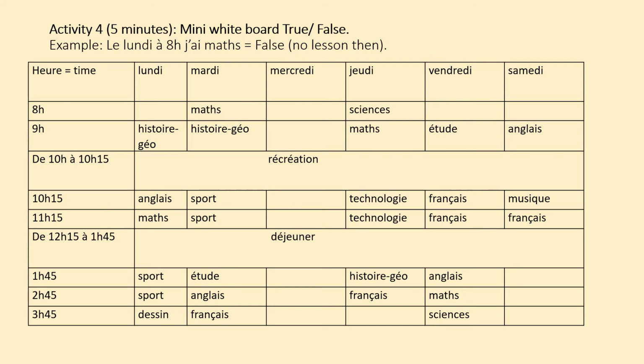Numéro 2. Le mardi de 10h15 à midi et quart, j'ai sport. So, le mardi de 10h15 à midi et quart, j'ai sport. So write true or false for that one.